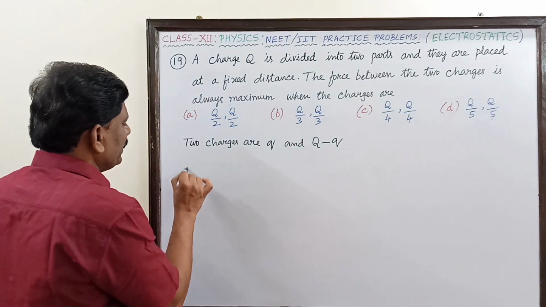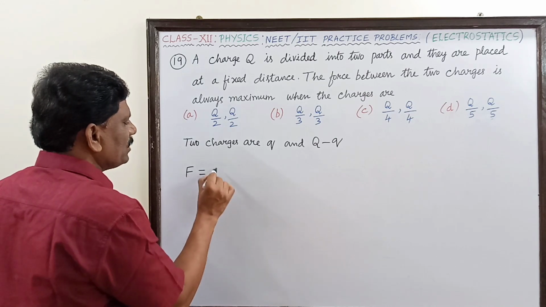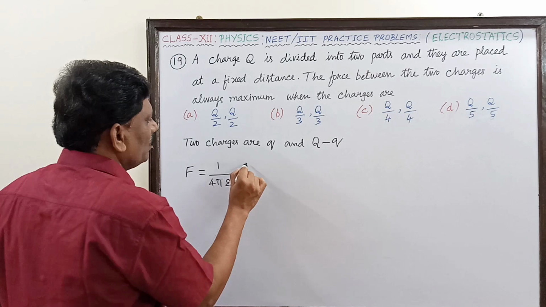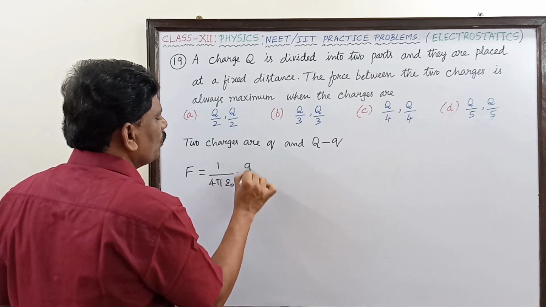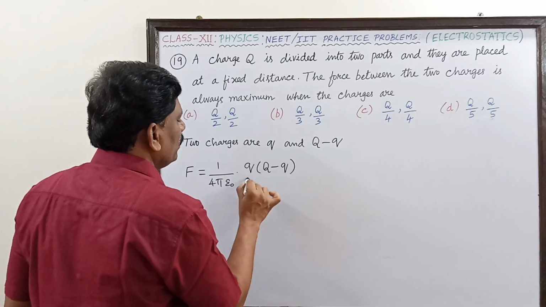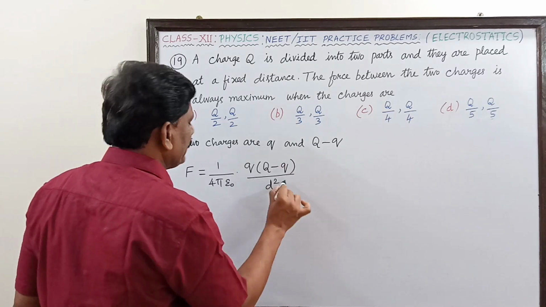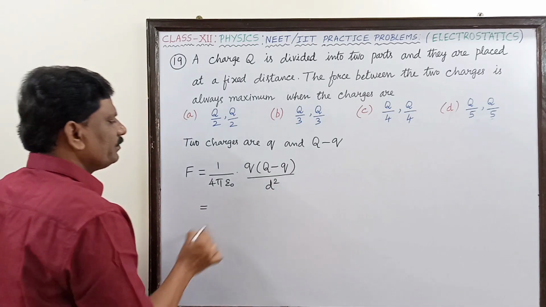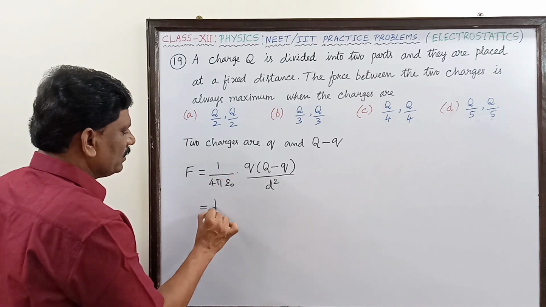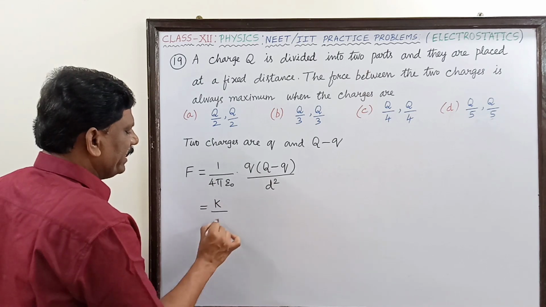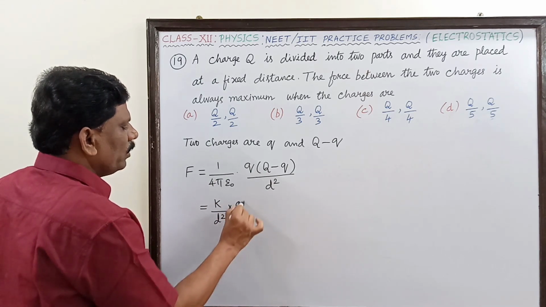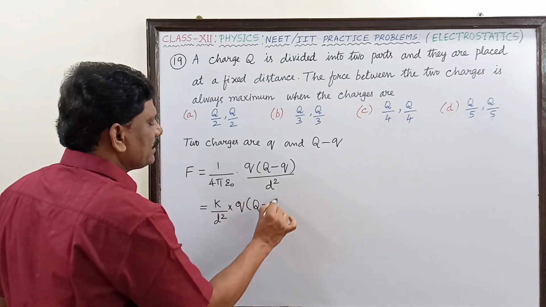Now the force between the two charges is equal to 1 by 4 pi epsilon naught into Q1 into Q2, that is q into capital Q minus q divided by d square. So this is 1 by 4 pi epsilon naught, which is K. So this is K divided by d square into q into capital Q minus q.